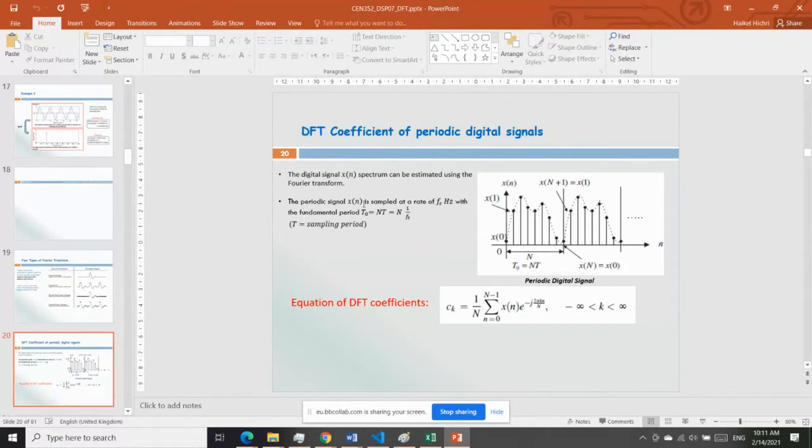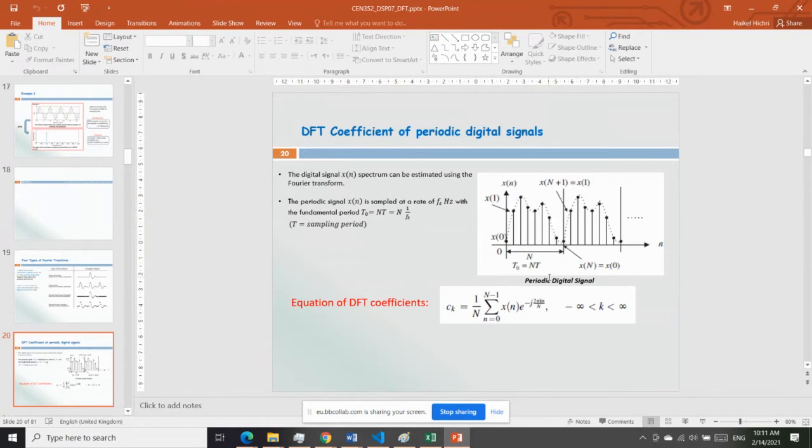The periodic signal x[n] is sampled at a rate of fs, the sampling rate, with the fundamental period T0, which is 1 over fs, the sampling frequency. And we said that after sampling, since we're going to take N points only, we cannot take an infinite number of points, we're going to assume this sequence is periodic, the same sequence is repeated forever.